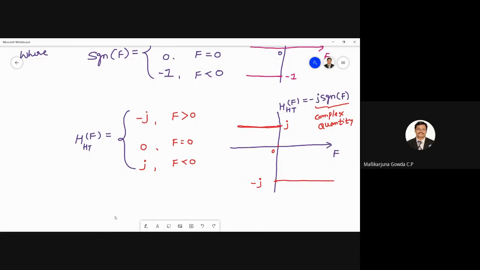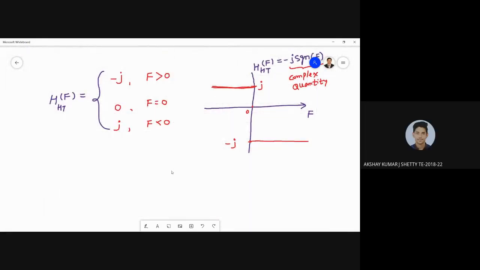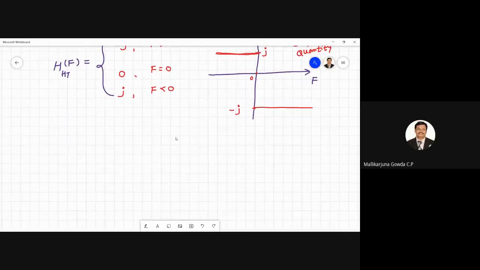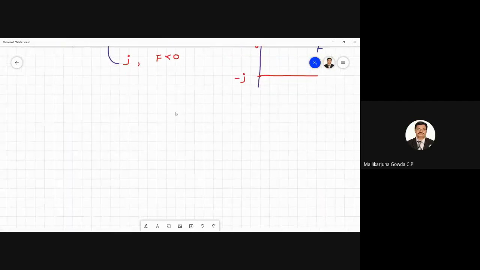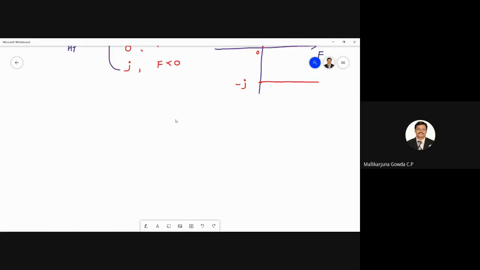So is it possible to say what the magnitude response and the phase response will be for this function H of f? Is this clear? Shall I move up? Yes, sir. So now let me find the magnitude response and the phase response of this H of f.